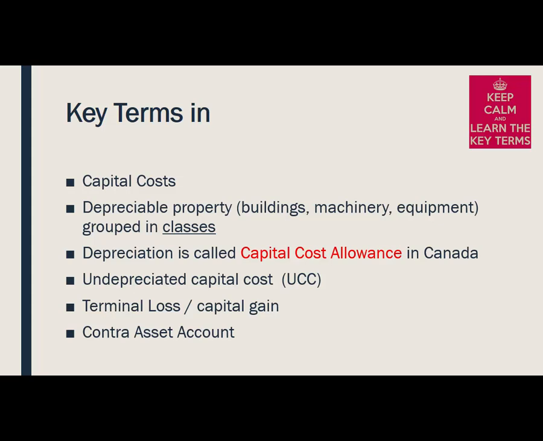A contra asset account has a credit balance which goes against that debit balance of the asset. It starts to reduce the value on your balance sheet. So you will always see the original value of your assets minus your contra asset account, which is your cumulative depreciation. Cumulative is how much so far you have depreciated from that asset, so that you can then find out the net worth of those assets.